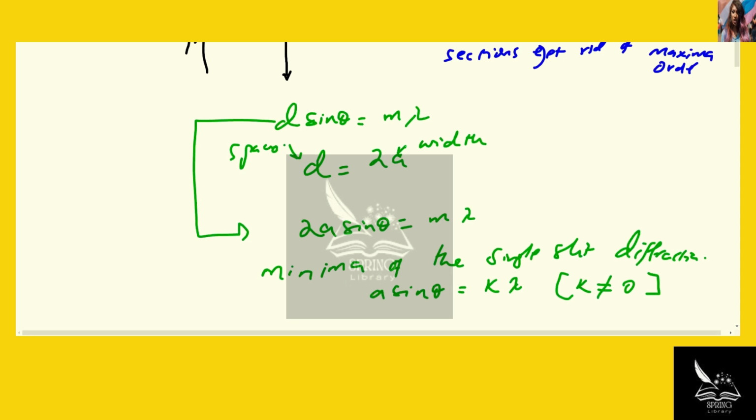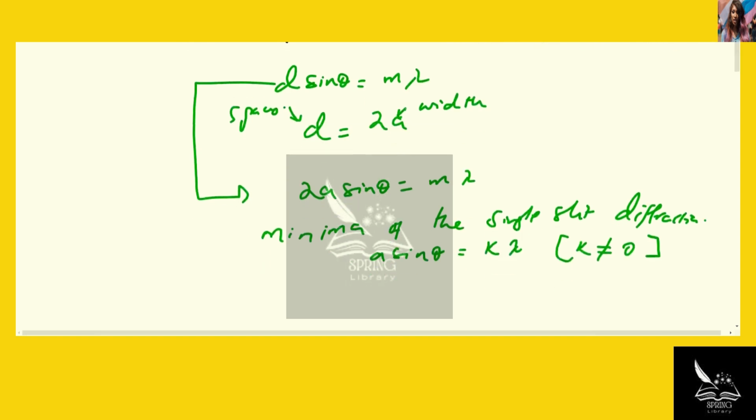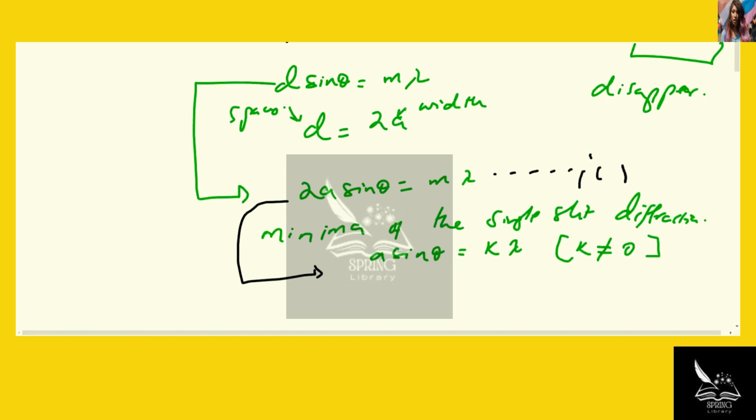So we want to see what type of relationship will make the even maxima order disappear. And that means we have to run a comparison between these two equations. You can call this equation 1, and you can call this second one equation 2.